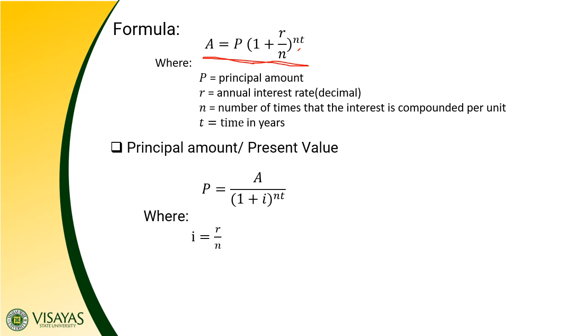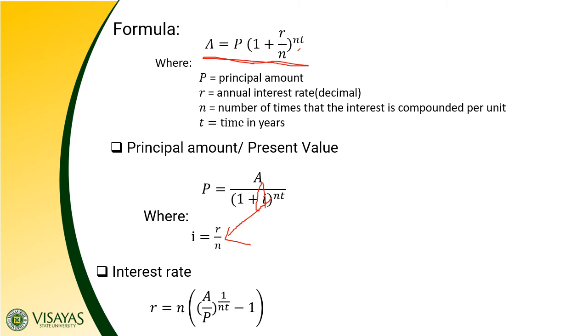For principal amount naman, or the present value, we have P is equal to A over (1 plus I) raised to NT. Yung I natin dito, yung I is only R over N. Okay? And for the interest, we have R is equal to N times ((A over P) raised to 1 over NT, minus 1). Okay?